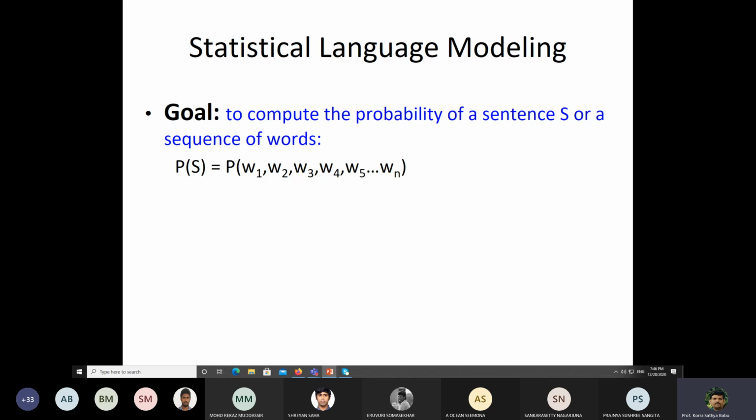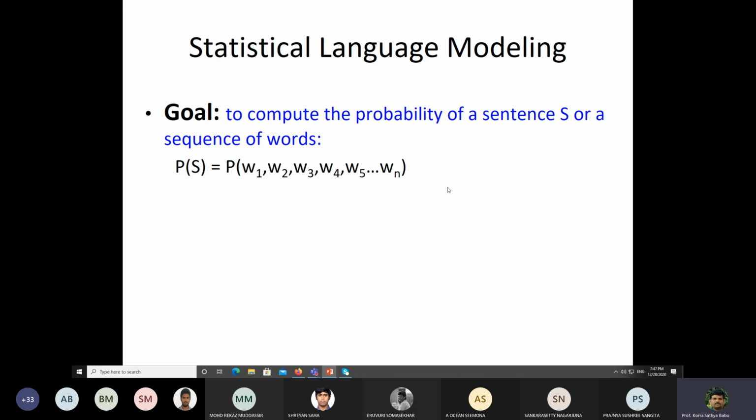It means that probability of a sentence S equals probability of W1 followed by W2 followed by W3, W4, W5, W6, like that up to Wn, a set of n words. So the probability of that particular sentence is nothing but the probability of a sequence of words.